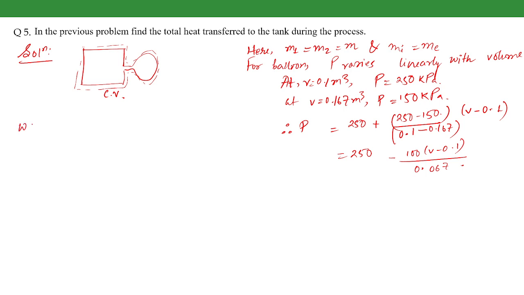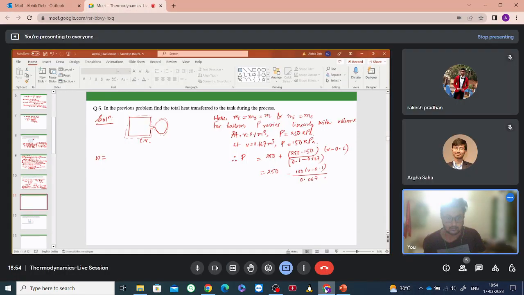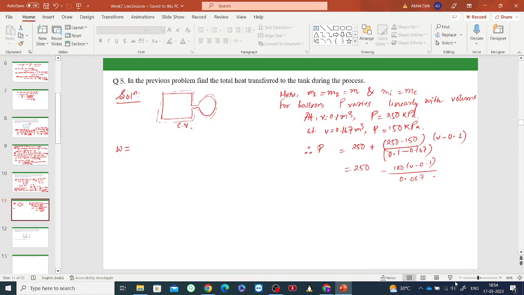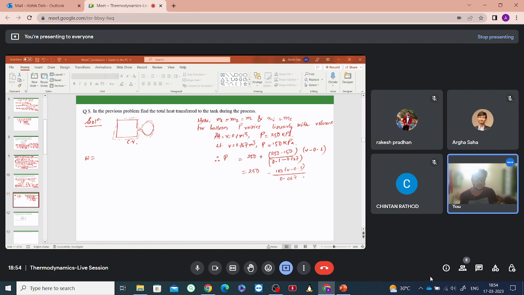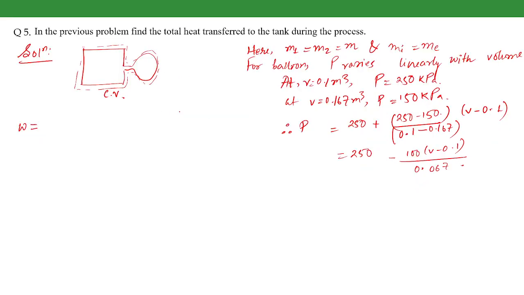Now the work done in expanding the control volume is integration PdV.